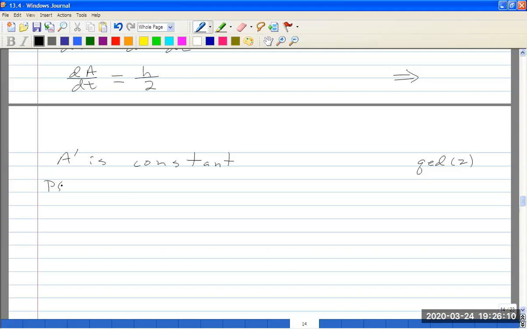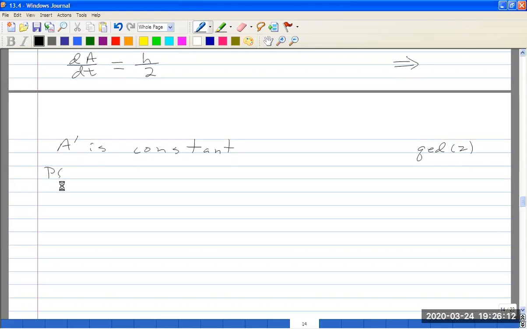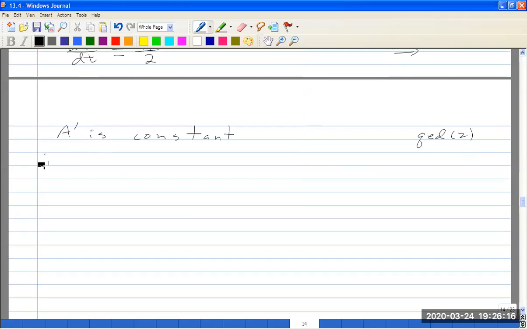Let's do the third part. Well, dA dt is h over 2.